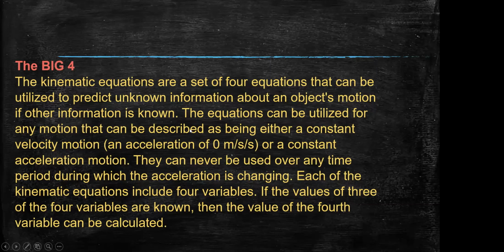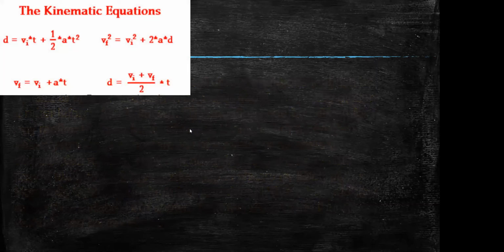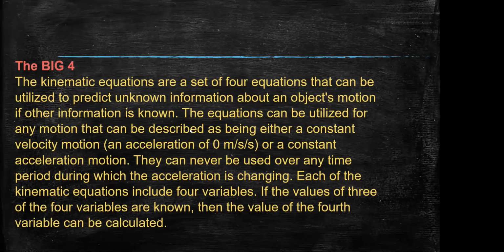So these equations can be utilized for any motion that can be described as either a constant velocity motion or constant acceleration. What does it mean? That means these big four equations cannot be used everywhere. They can be used only if you have a constant acceleration.